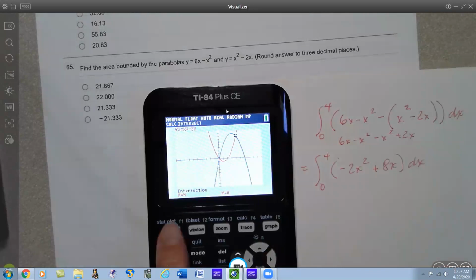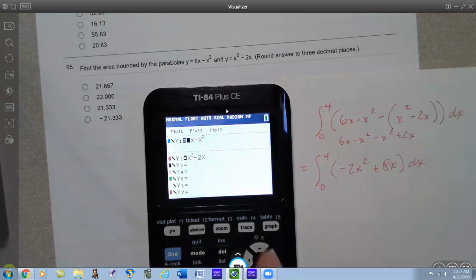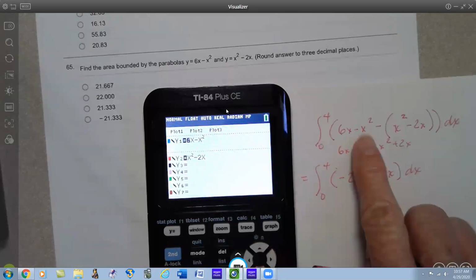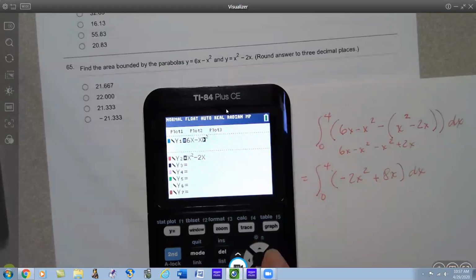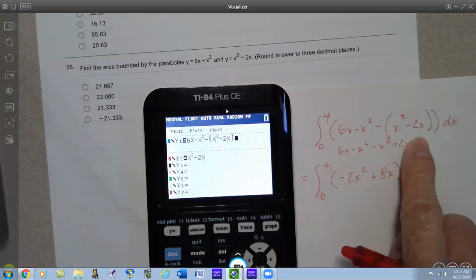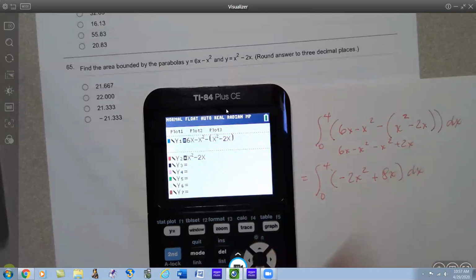Now, if I want the calculator to do the work, I'm going to go back up to this one right here. Go minus x squared minus 2x, as if I was just doing this top one. And that lets the calculator do most of the work. Let me ask it to graph.